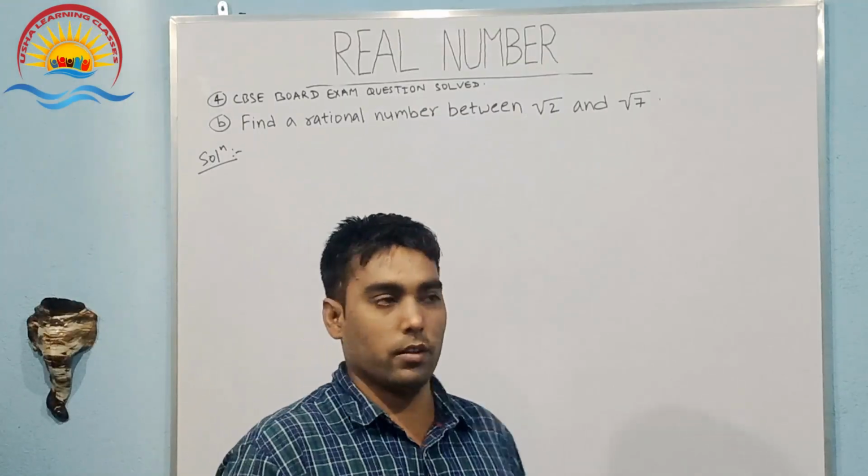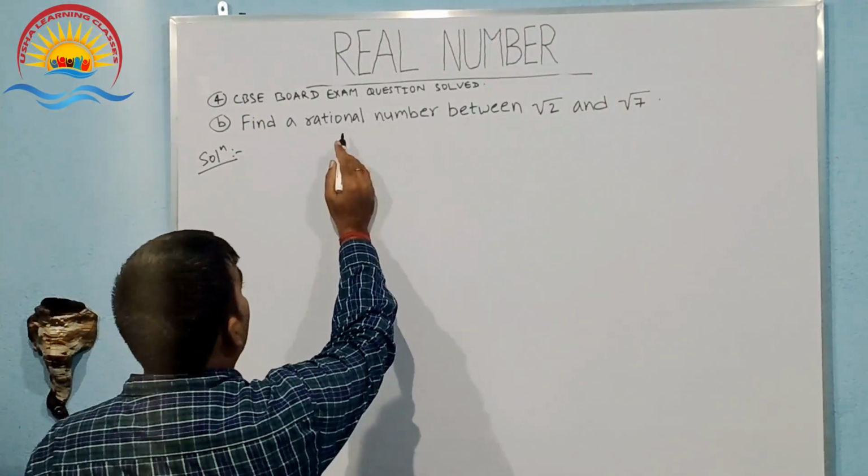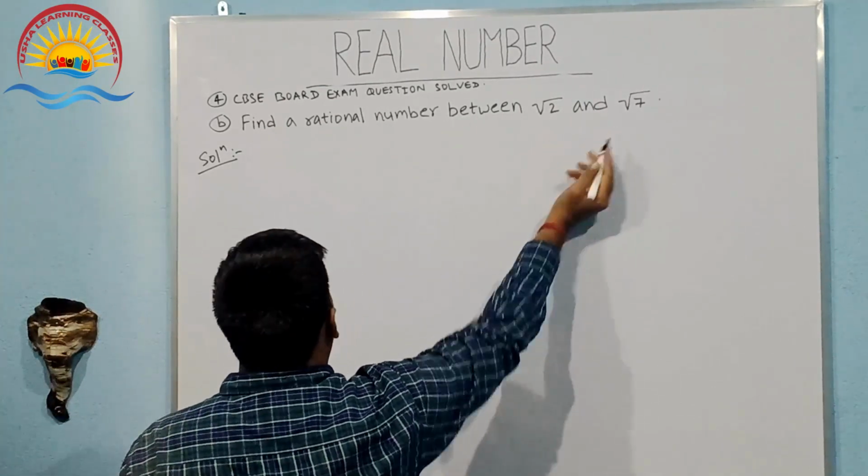Come to our next question. Find a rational number between root 2 and root 7.